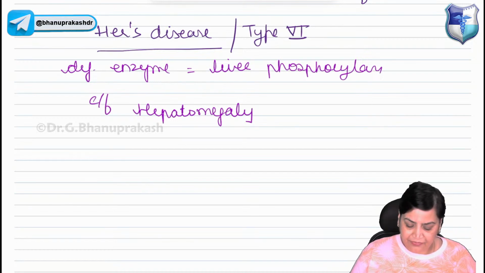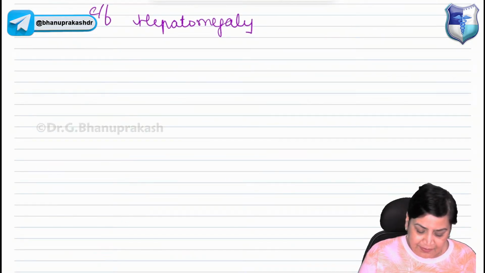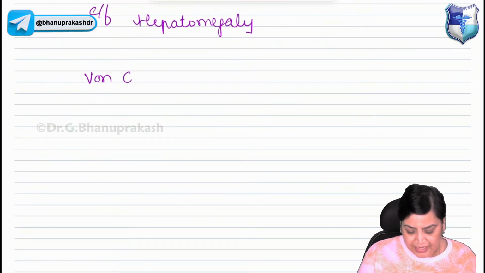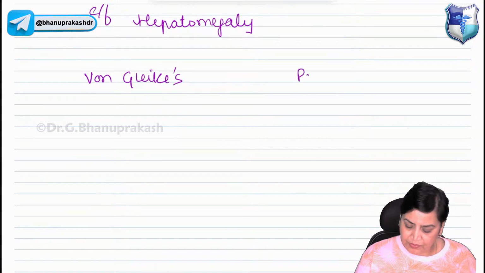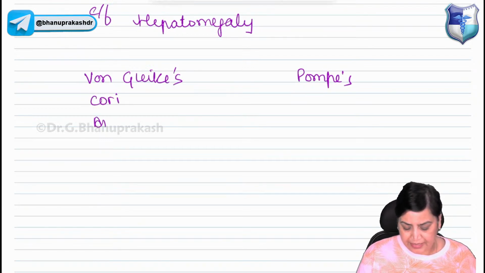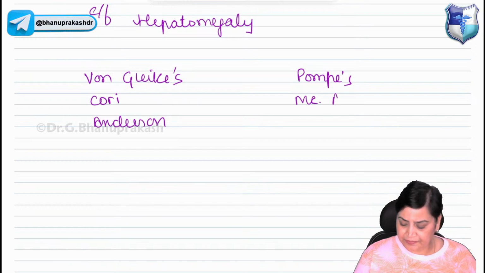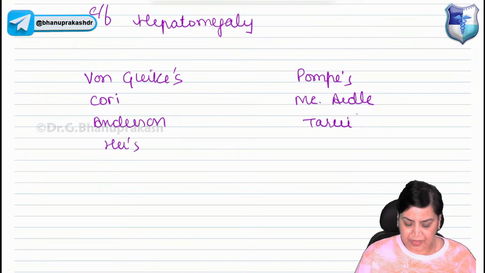Clear? And if I have to summarize them, I can simply say von Gierke's, here I'll write Pompe's. After that, Cori's, Anderson's, McArdle's, Tarui's, and Hers.